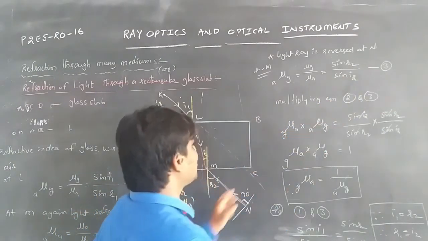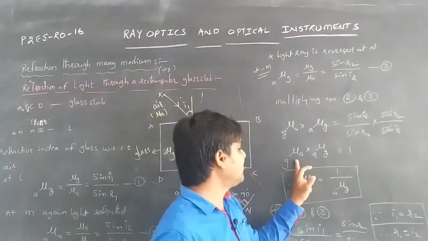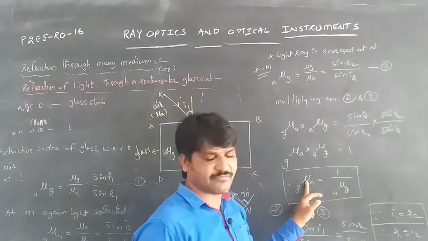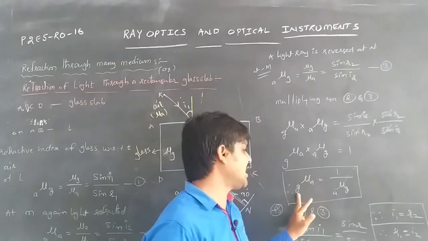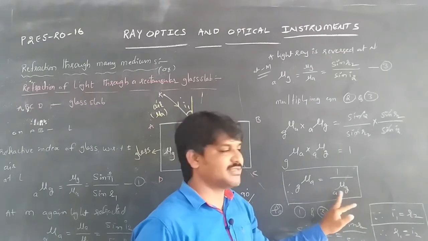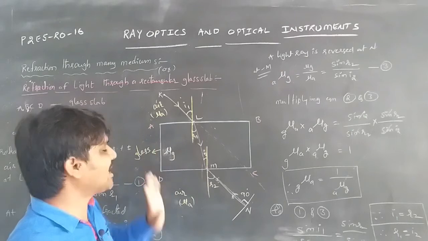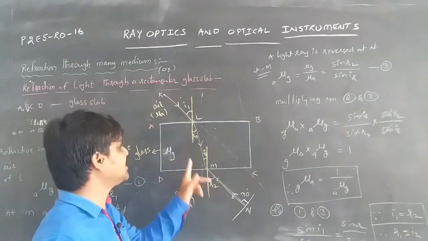From equations 2 and 3, by cancelling the same terms, we get that the refractive index of the air with respect to glass is equal to the reciprocal of the refractive index of the glass with respect to air. If the light retraces backwards along the same path, then the angles must be equal.